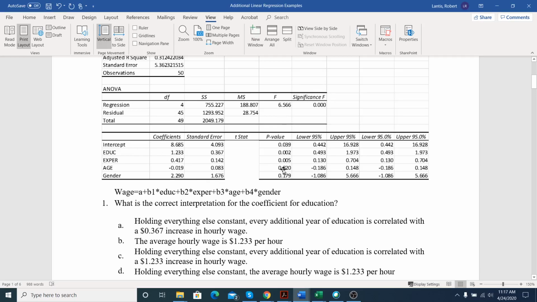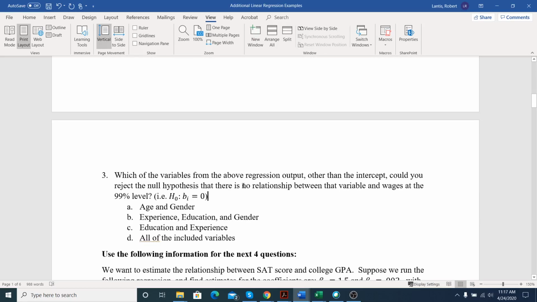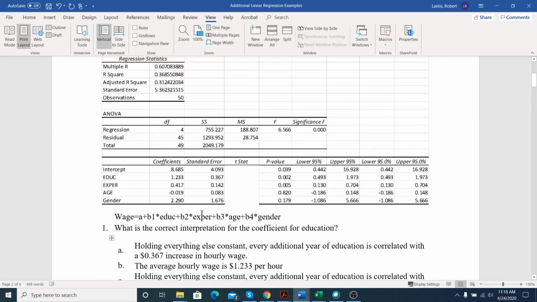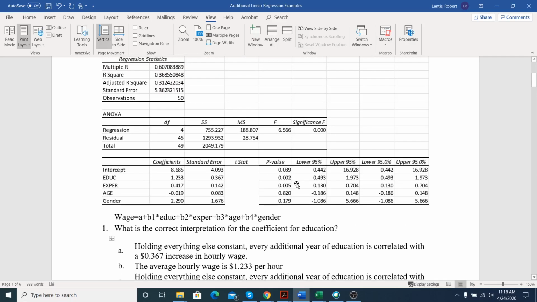So we look here at this p-value column. For education, 0.002 would be less than our alpha. At the 99% confidence level, our alpha would be 0.01, right? 1% in decimal form is 0.01. So 0.002 is less than 0.01, so we would reject the null, or we would find that education has a significant effect on wages.